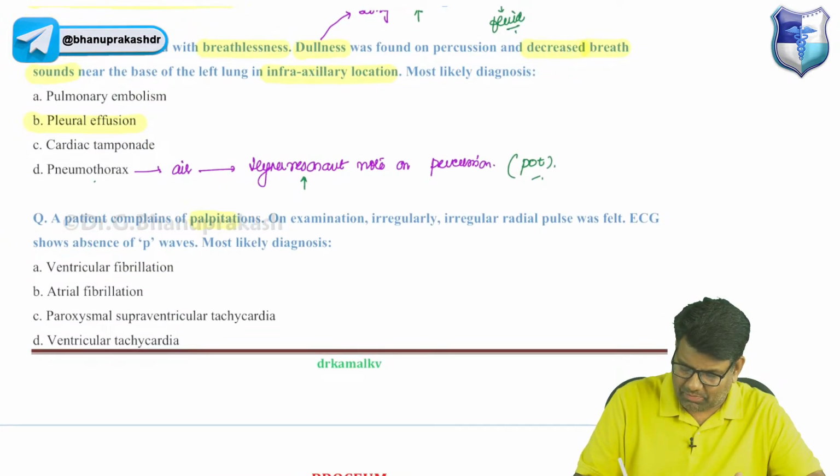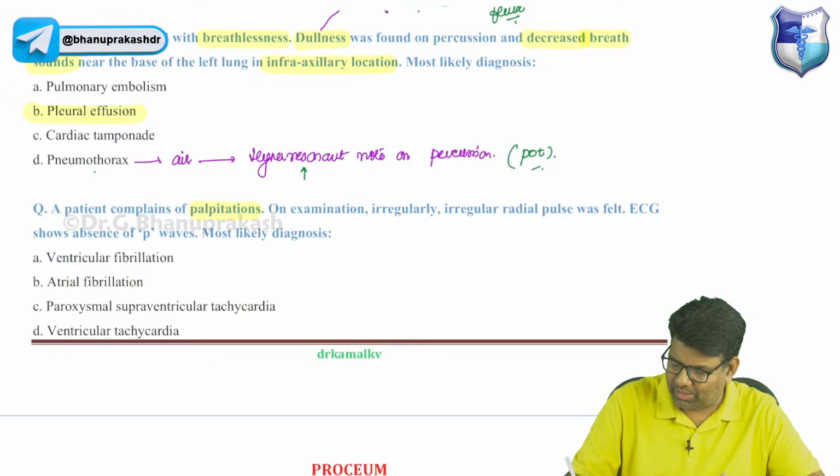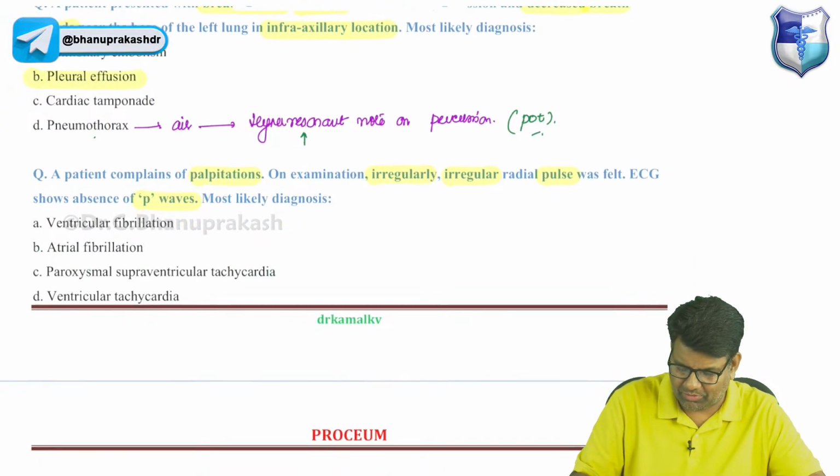A patient has palpitations, the pulse is irregular, and there are no P waves on ECG. I think it is quite easy to make a diagnosis of atrial fibrillation.